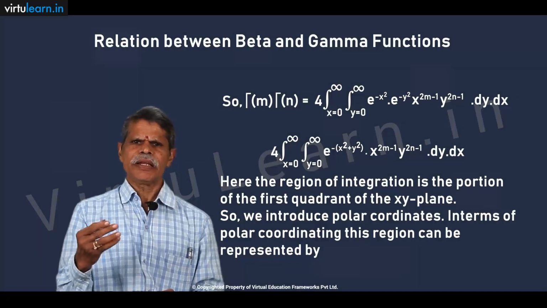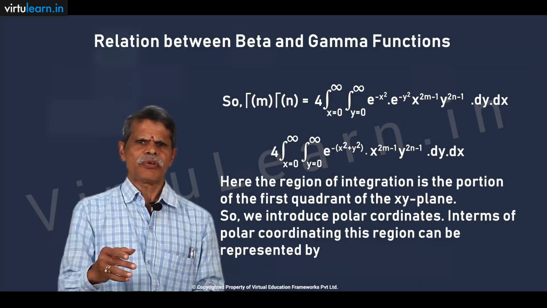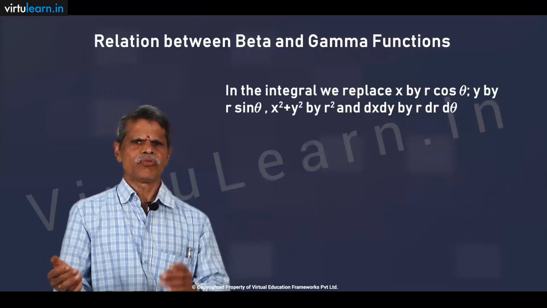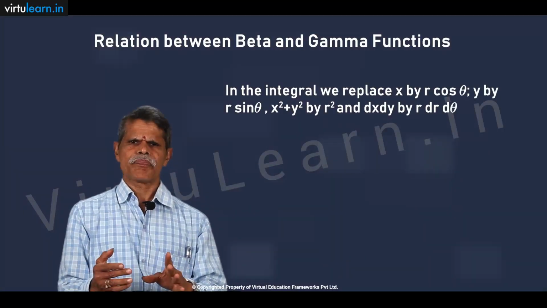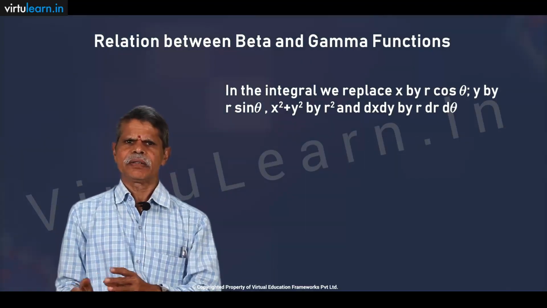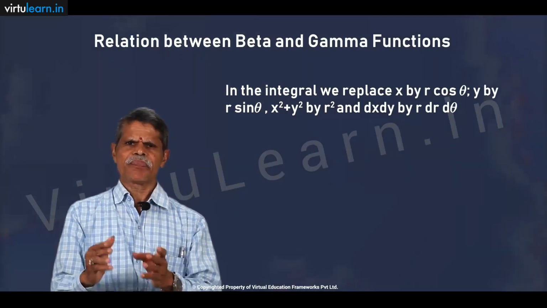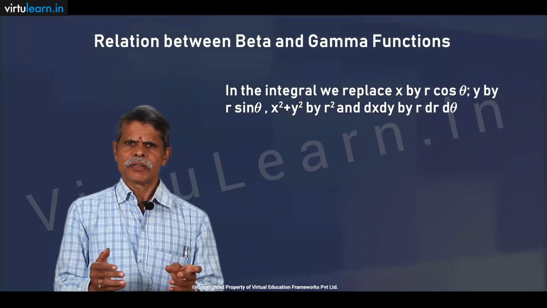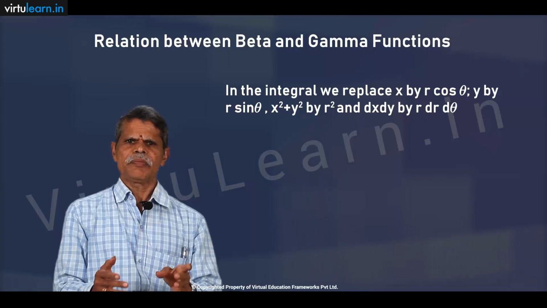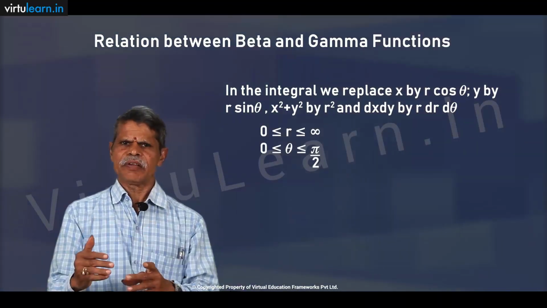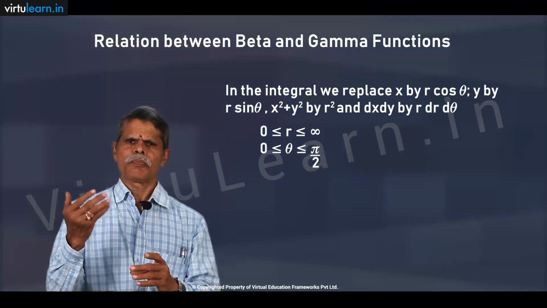As we have seen earlier, to convert from Cartesian to polar coordinates, we replace x by r cos theta, y by r sin theta, dx dy by r dr d theta, and observe that the limits for r will be 0 and infinity, limits for theta will be 0 and pi by 2.